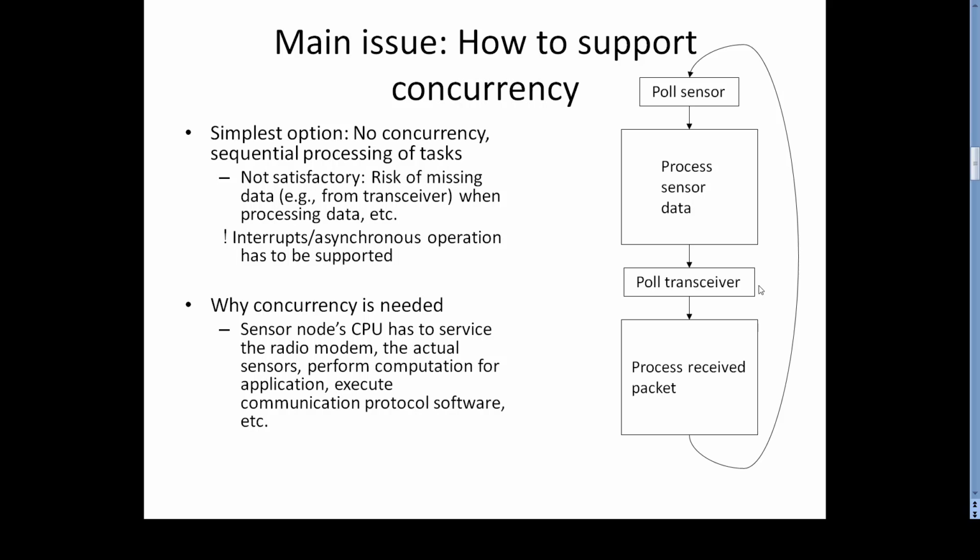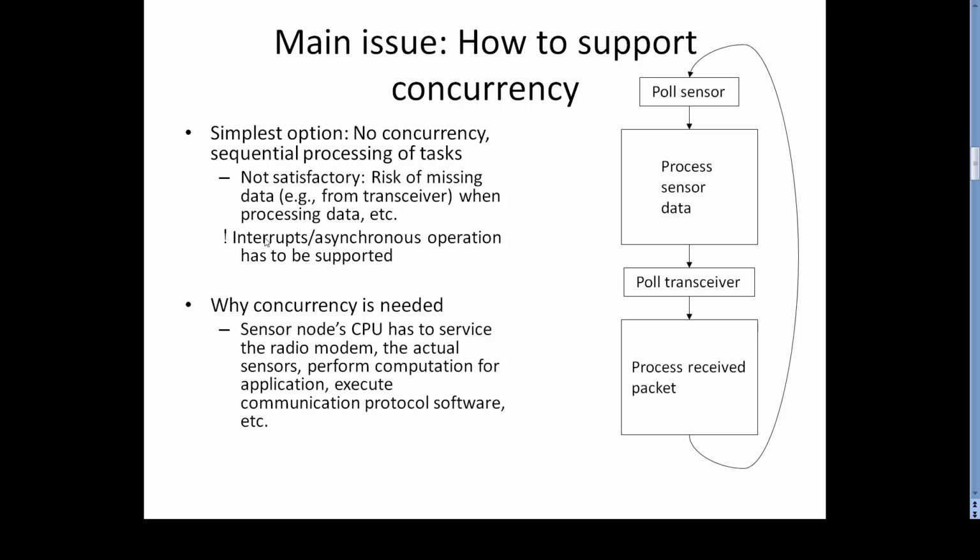There is a chance of missing that data, because the node is polling the sensor while the packet has arrived at the transceiver. So that is the risk of missing data when processing.